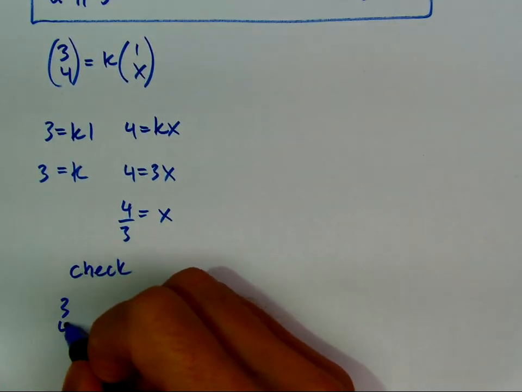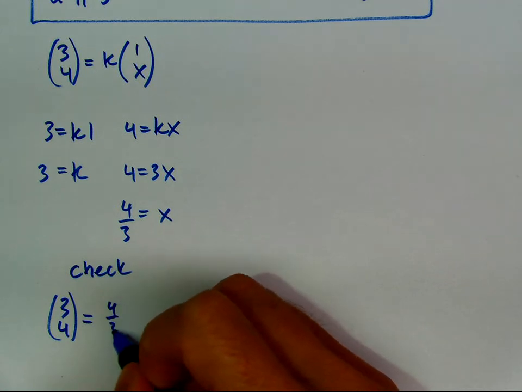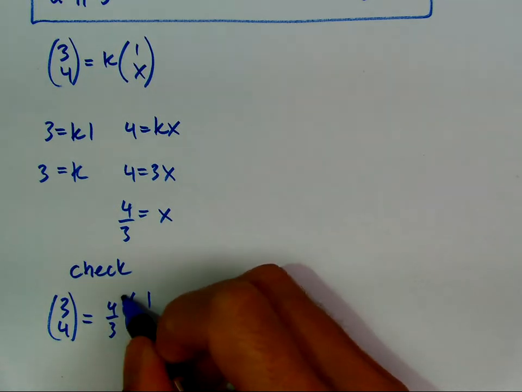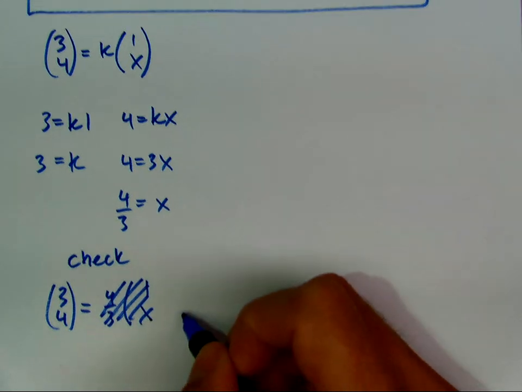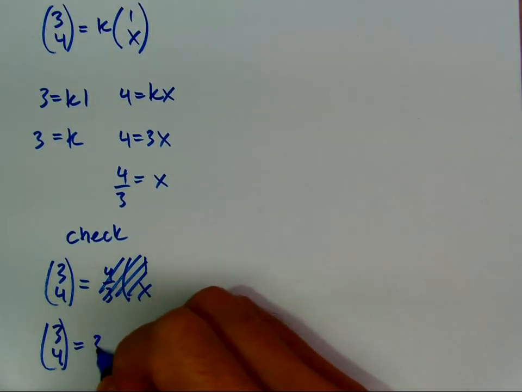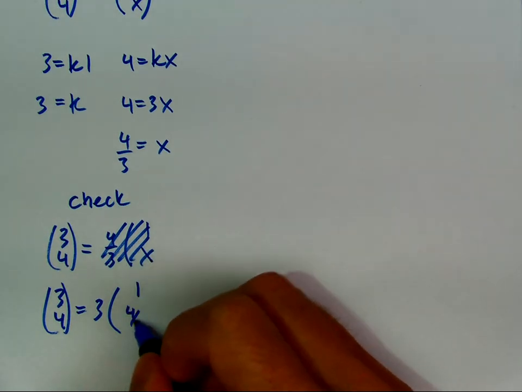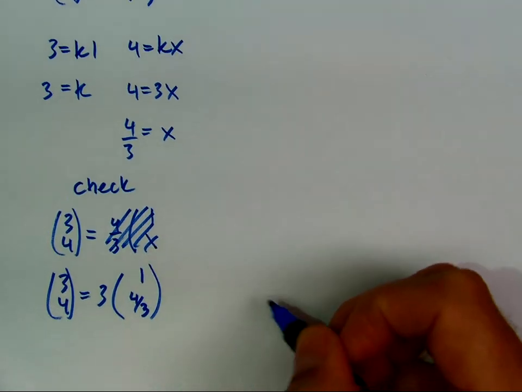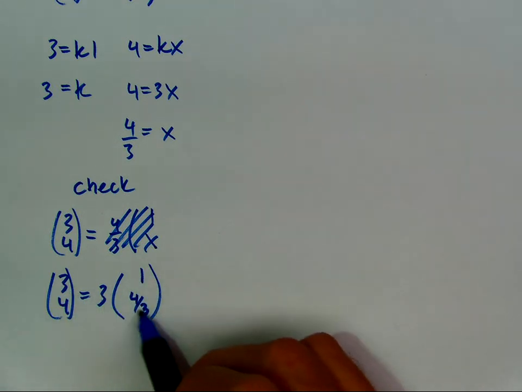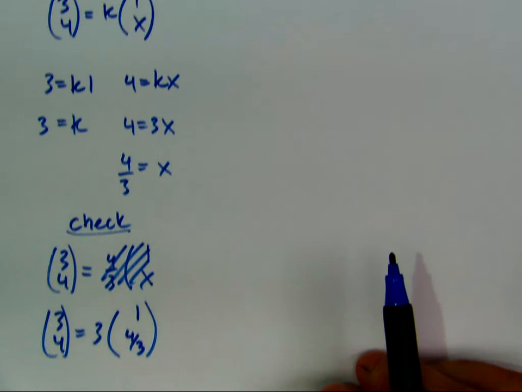Is 3, 4 equal to 3 times 1 and 4/3? If we multiply 3 times 1, we get 3. 3 times 4/3 is 4, so that checks. We can see that they're parallel.